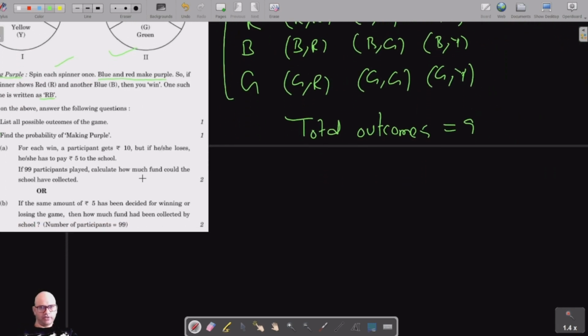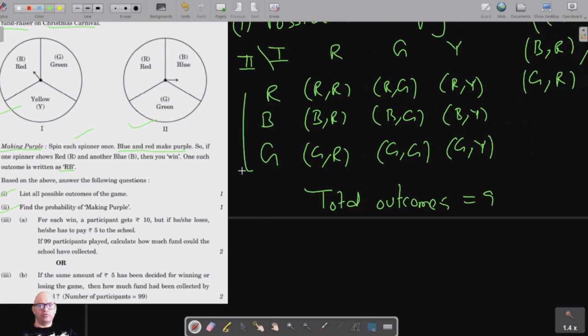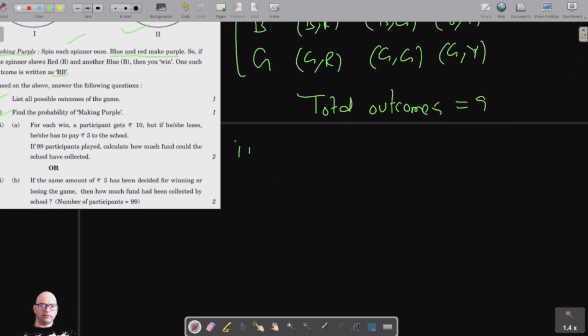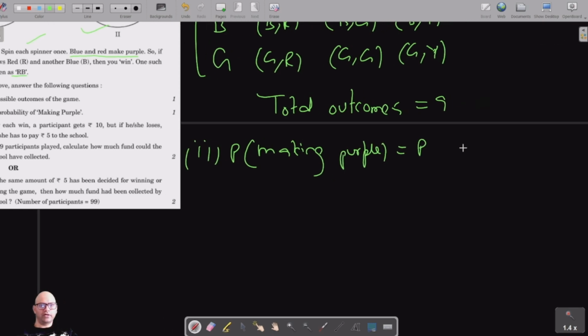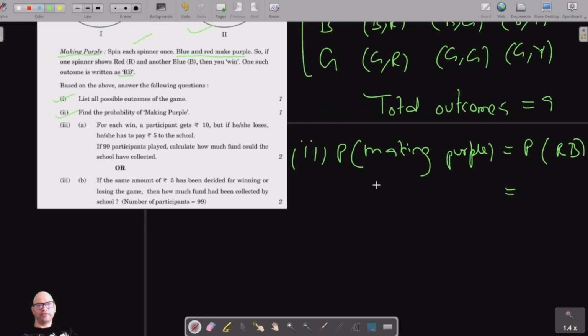Now we have to find the probability of making purple. Purple is made when we have red and blue. So for the second one, the probability of making purple is the probability of red and blue.